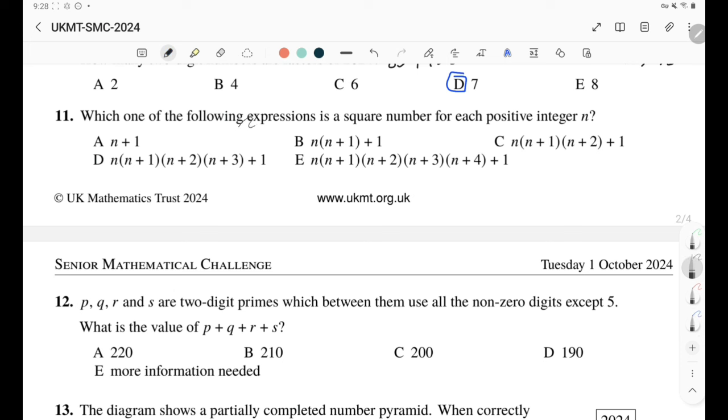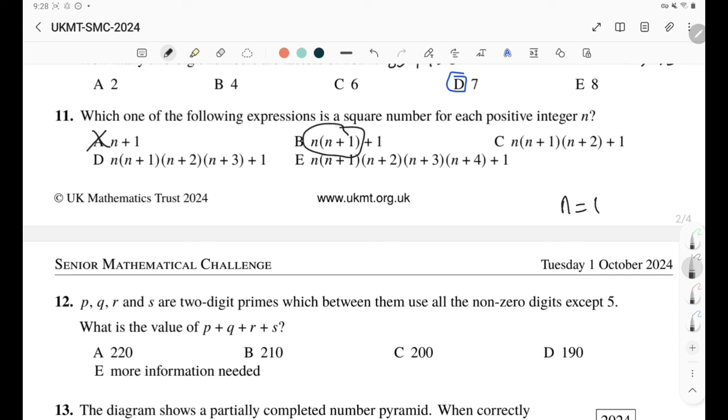Well, they're telling us that it's always going to be a perfect square for any number n. So of course the easiest way is just to plug in some value of n. For example, we can plug in n equals 1 and calculate, and we can rule out anything that's not a square. So 1 plus 1 is 2. We rule out A.